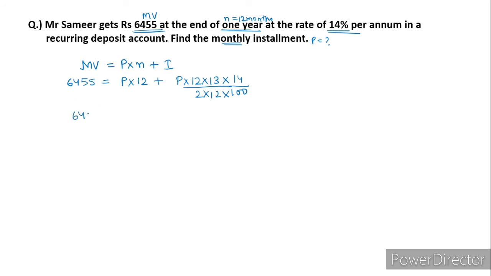Solve this equation. Only one variable is unknown, that is P. 12P plus 12P into 13 into 14 by 24 into 100. Here 12P is common. We can take out 12P common. So what do we get? 1 plus 91 by 100.